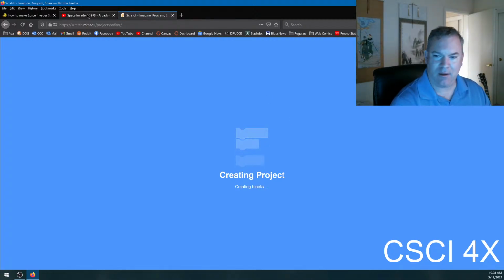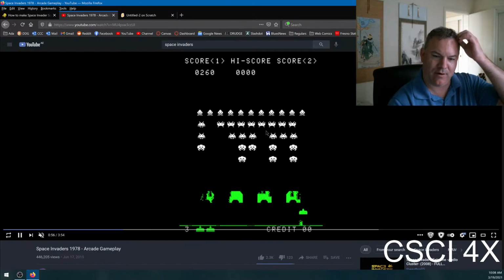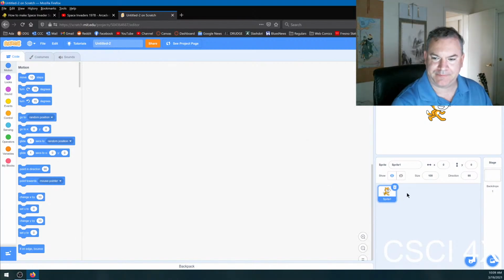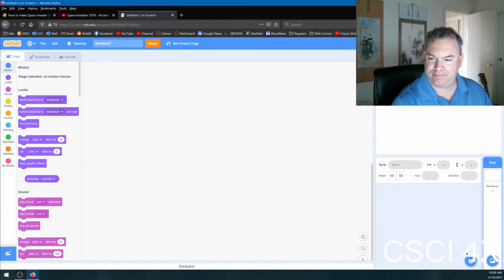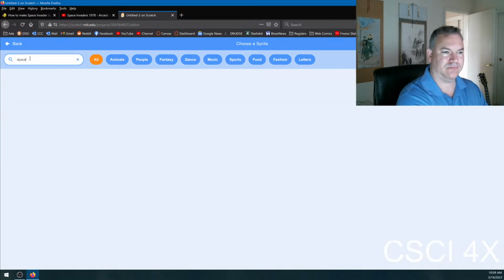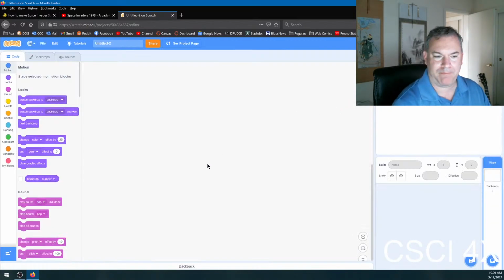Remember in Scratch, you can have different programs attached to different bits of artwork. Okay, so search for spaceship. Okay.